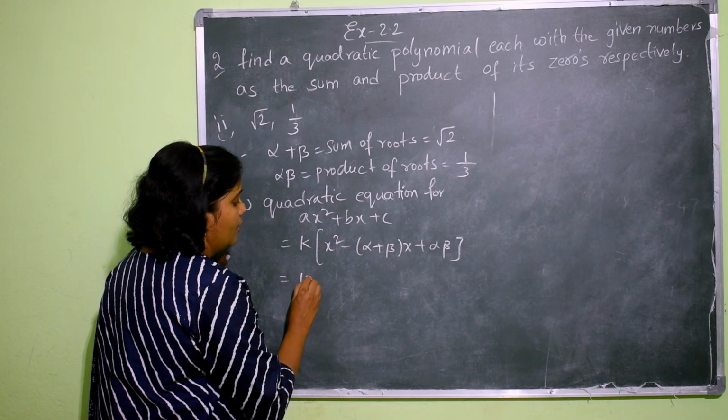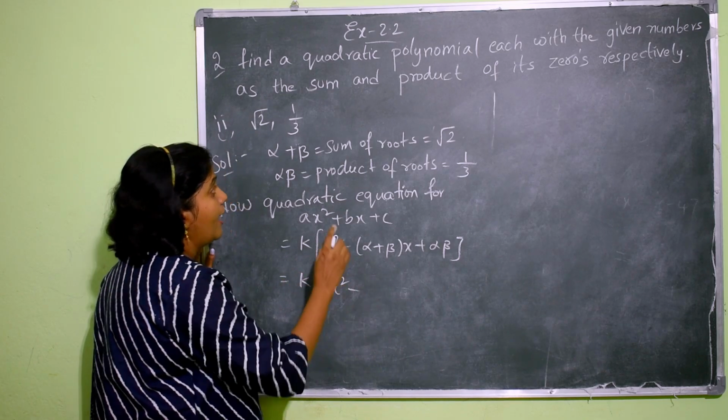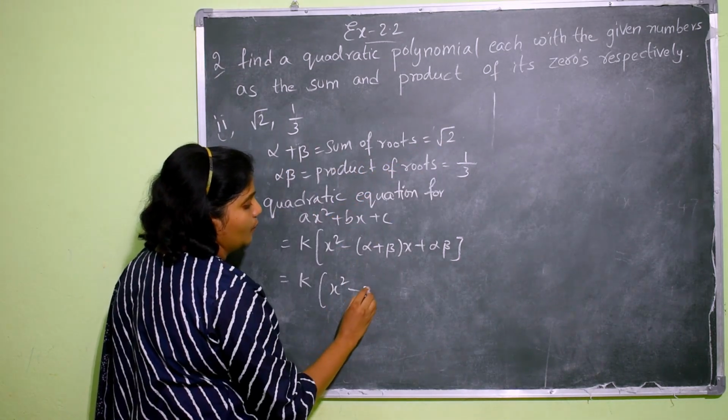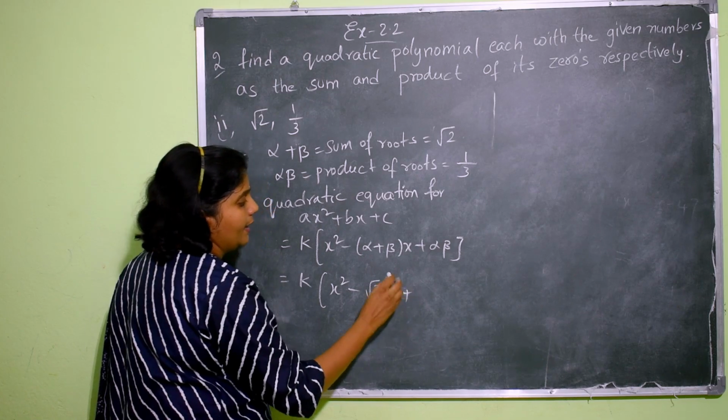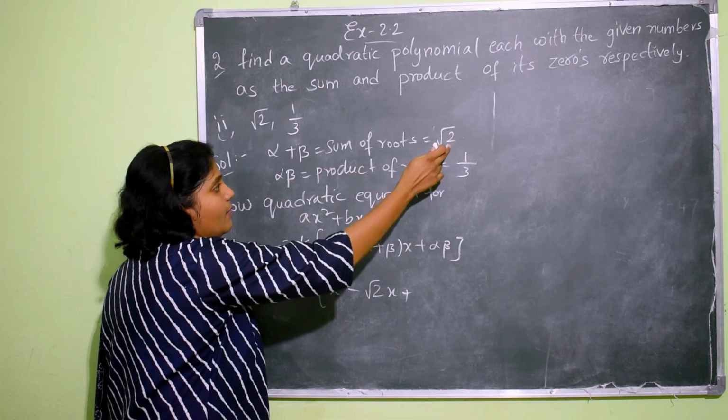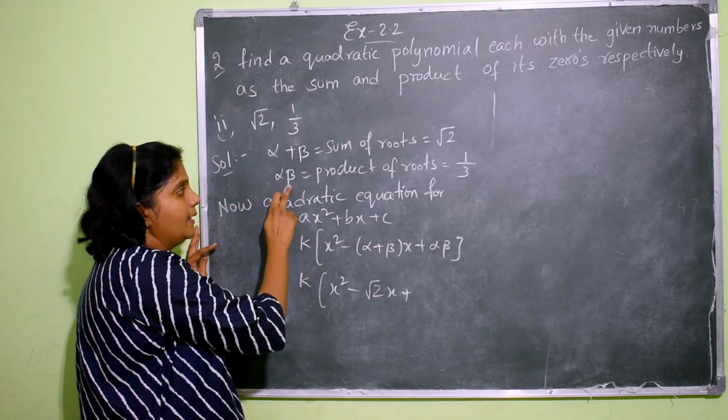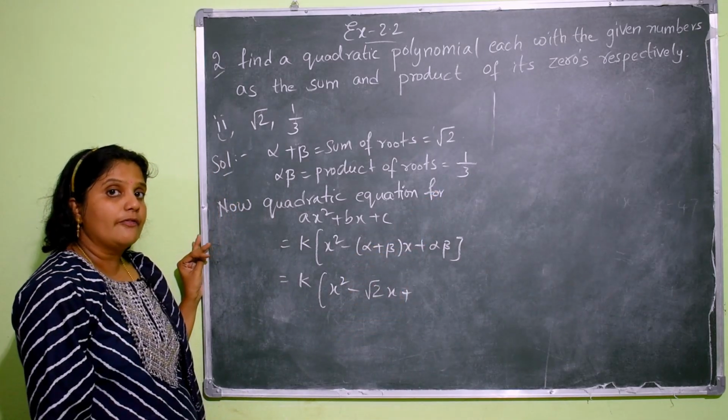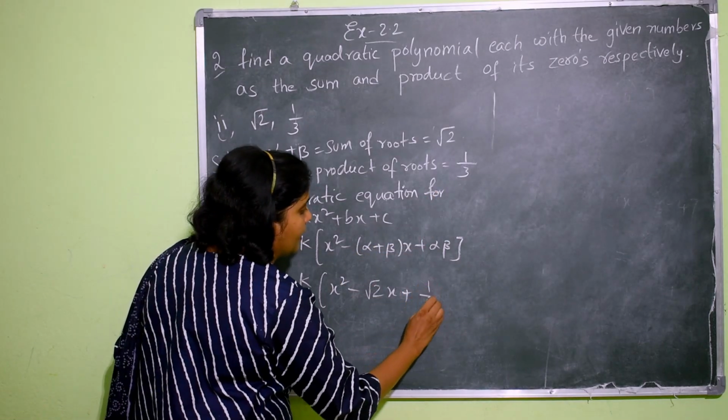What is the alpha plus beta value here? Root 2, so root 2 into x. In the place of alpha plus beta, I am writing root 2. What is alpha beta? 1 by 3. So in the place of alpha beta, I am writing 1 by 3.